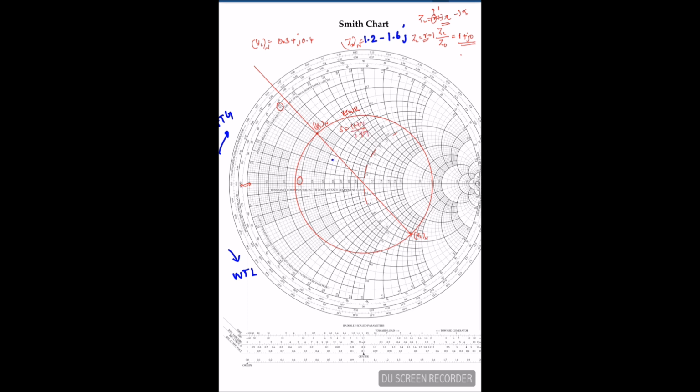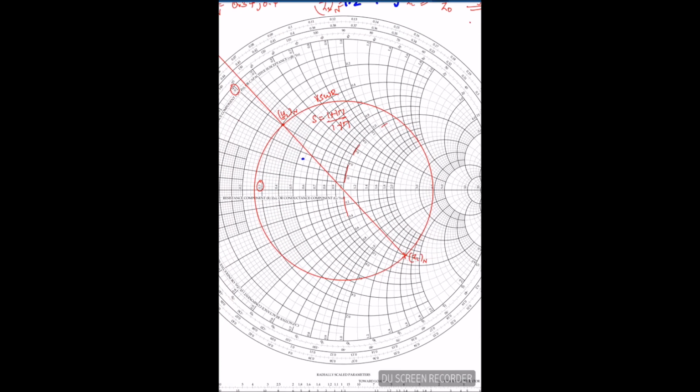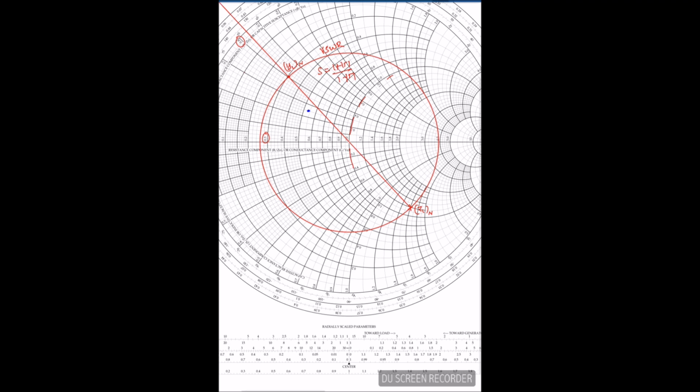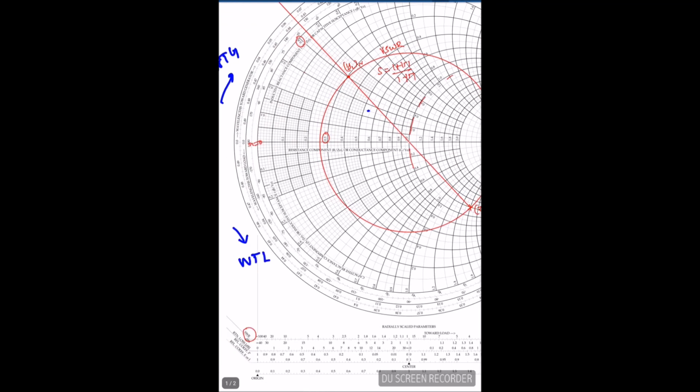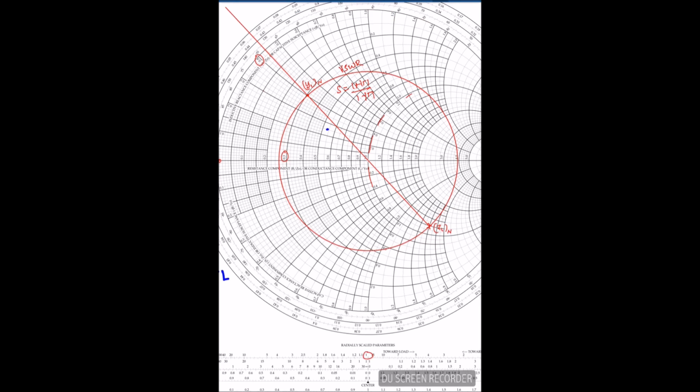If the VSWR is constant, it means it has a definite gamma value. This radius is nothing but gamma. If gamma equals 0, I will get 1, and you can see that the middle value of the scale, the top scale in the VSWR chart, this is SWR, is always 1. So whenever gamma equals 0, it's the center of the circle, which is VSWR equals 1.